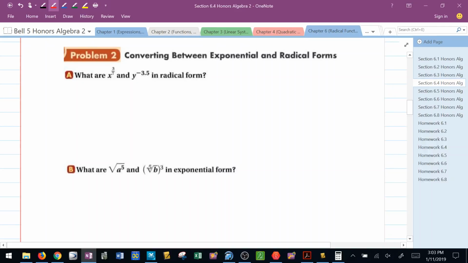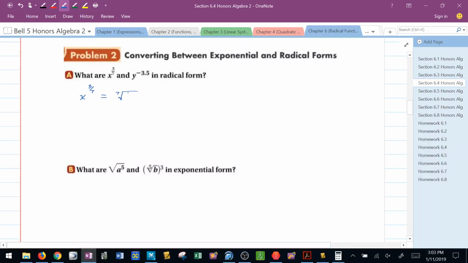They want me to change it from exponential form. Exponential form means that we have exponents. So the first exponential form says x to the 3 over 7 power. I know that this is implying that we have a 7th root. Why? The denominator is 7 in that fractional power.